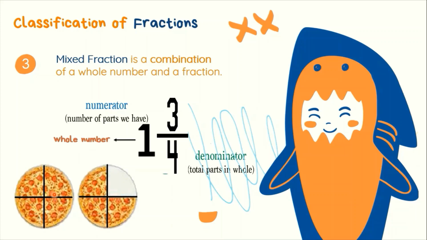Kung ito ay whole number na, ito ang gagamitin natin for fraction. Since hati siya sa 4, ang denominator natin ay 4, 3 dahil kinuha natin yung 3. 1, 2, 3. May natirang isa. This is read as 1 and 3/4.